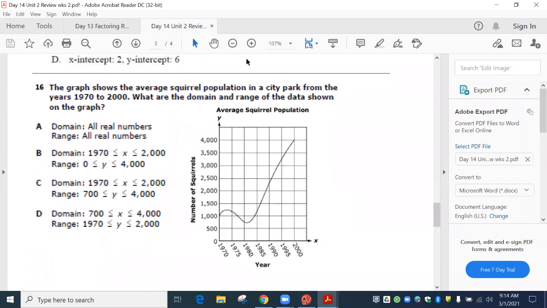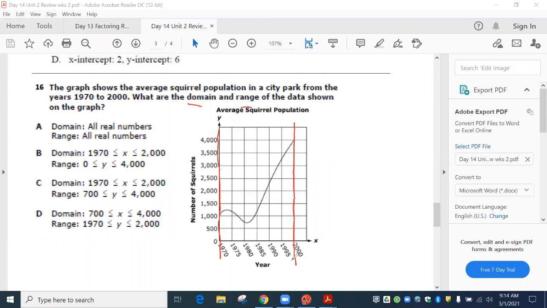Do you see keywords anywhere? Very good, domain and range. Now, even if you don't see domain and range here, in the answers you see domain and range. So if we do domain first, we're going to draw vertical lines that cross the x-axis. So we're going to go this edge of my picture, and we're going to go this edge of my picture.